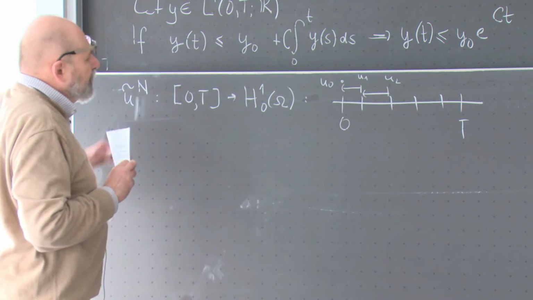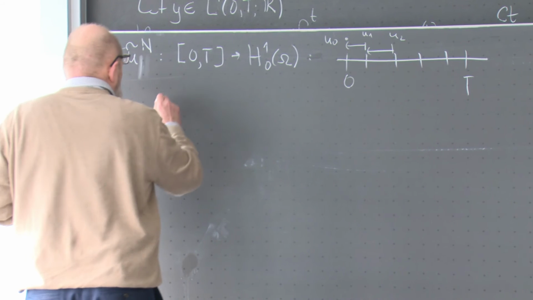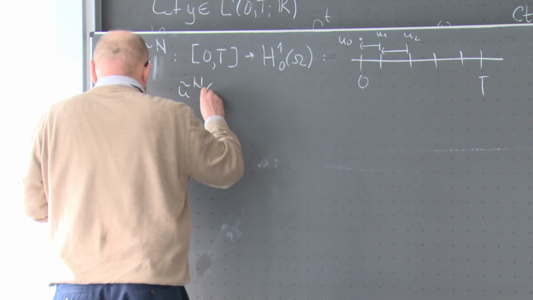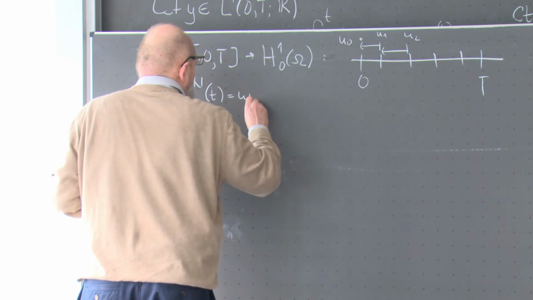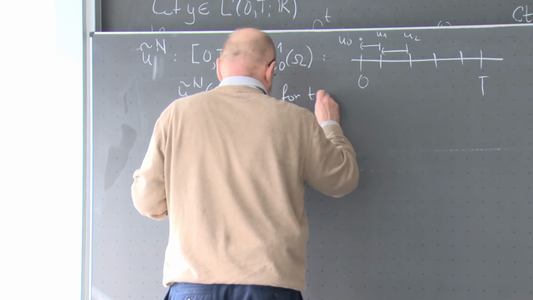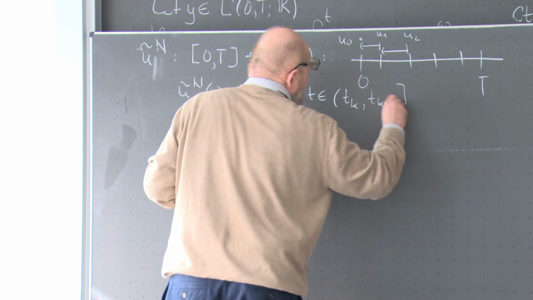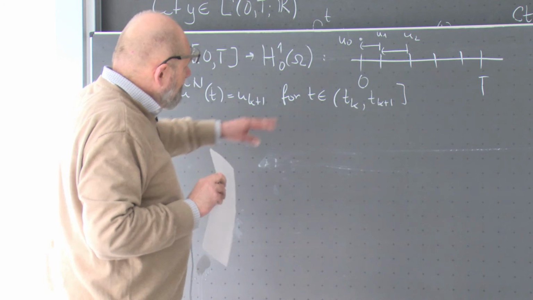That's the most simple way to make a function in time out of that. So we have ũ_n(t) is u_{k+1} for t from the interval (t_k, t_{k+1}]. That's one possibility, and it's simple.